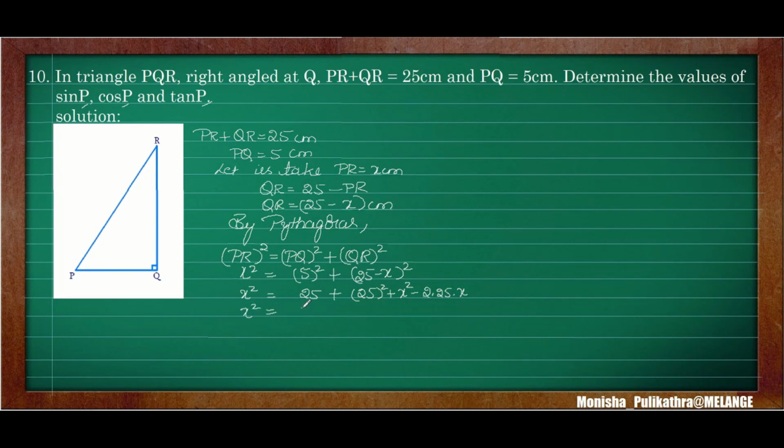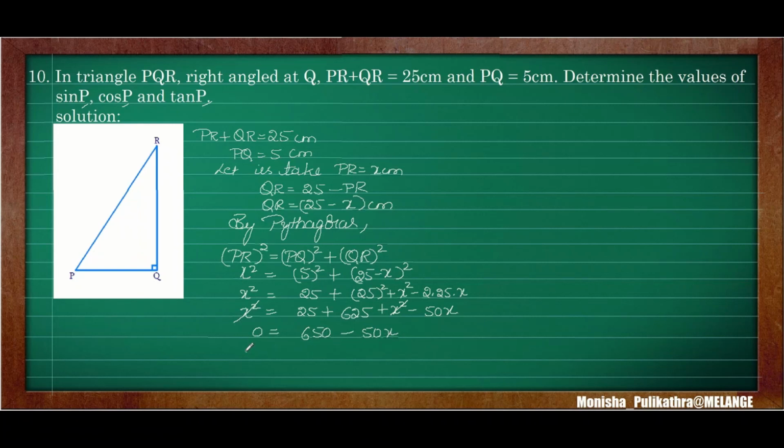So X square is equal to 25 plus 25 square is 625 plus X square minus 2 into 25 is 50X. So X square gets cancelled. So remaining is 25 plus 625 will be 650 minus 50X.